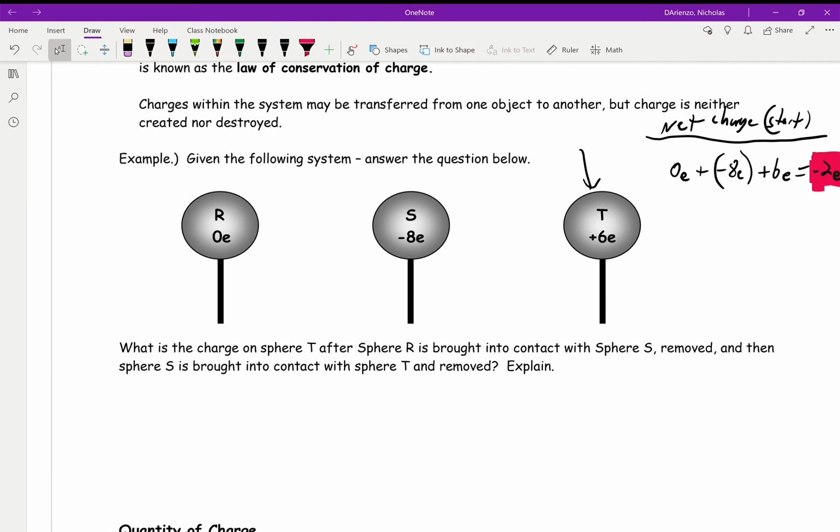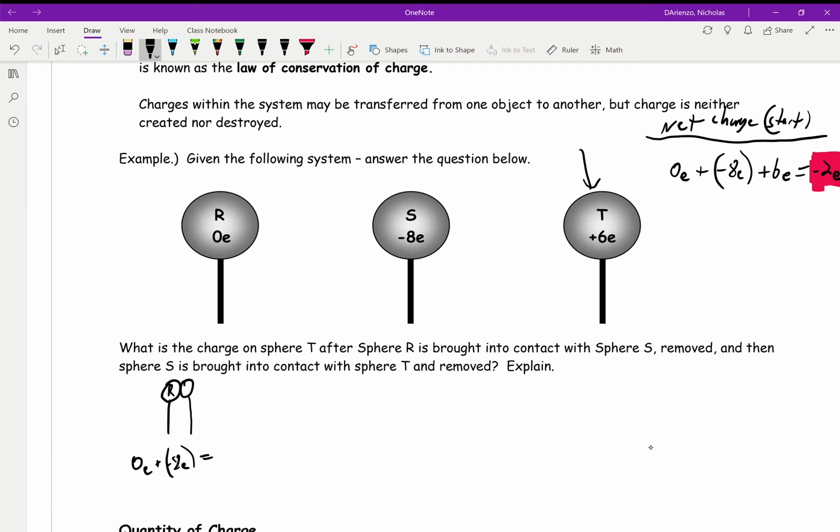So we did something similar in class with the demonstration with the glass rod and the fur to transfer charge. And the same idea is going to apply here. We want to keep in mind that we're going to conserve all of our charge. So first thing it says, sphere R is brought into contact with sphere S. Now when we bring R into contact with sphere S, the total charge between those two, we had 0e plus a -8e.